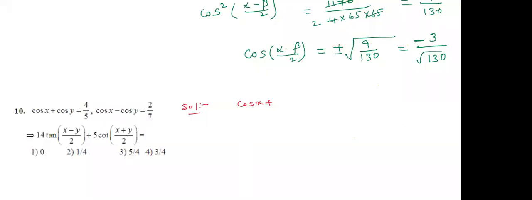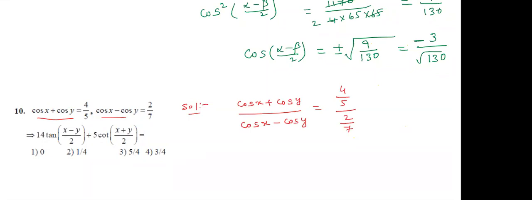See the 10th question. There are two equations given. So I am taking first one divided by second equation. These are only left hand side values. Now write the right hand side. 4 by 5 divided by 2 by 7. Students, see the numerator.